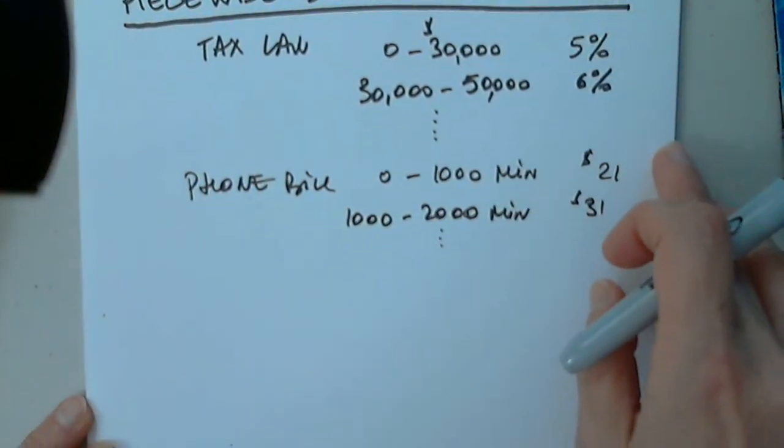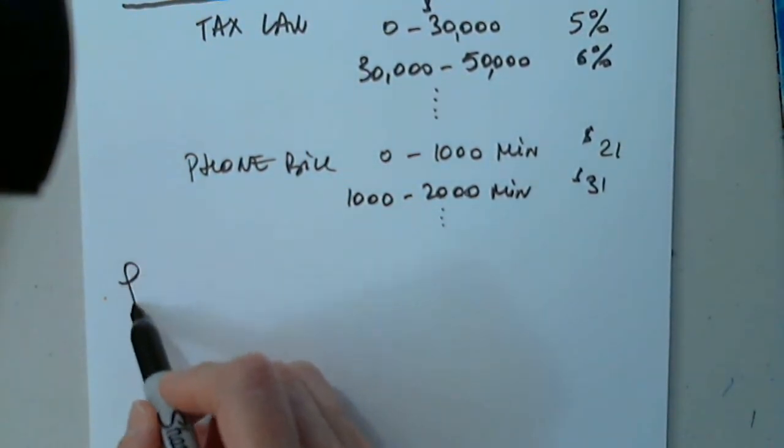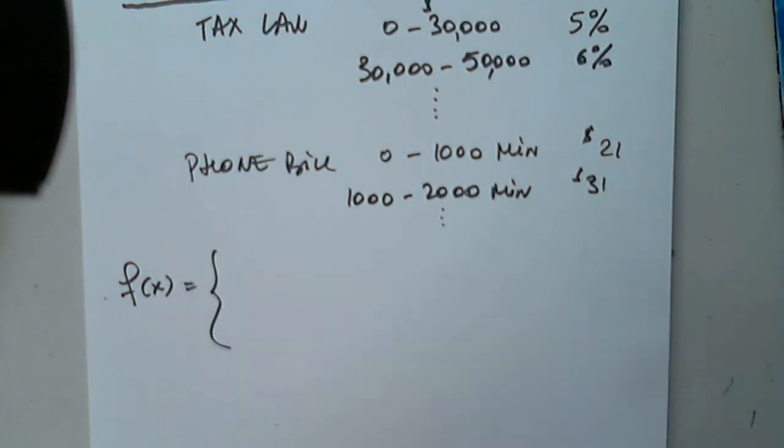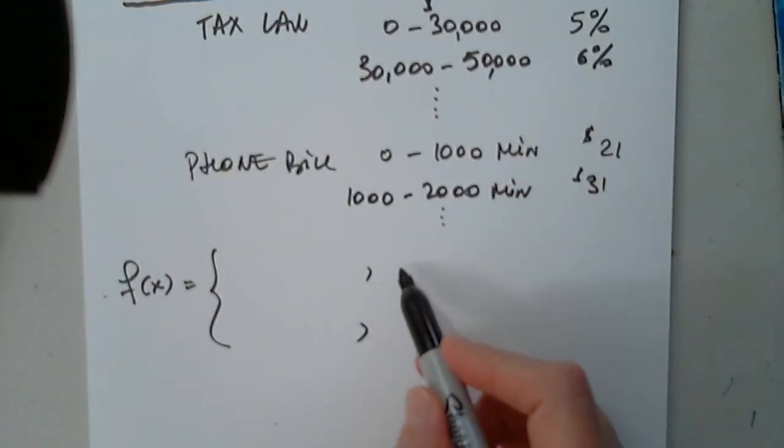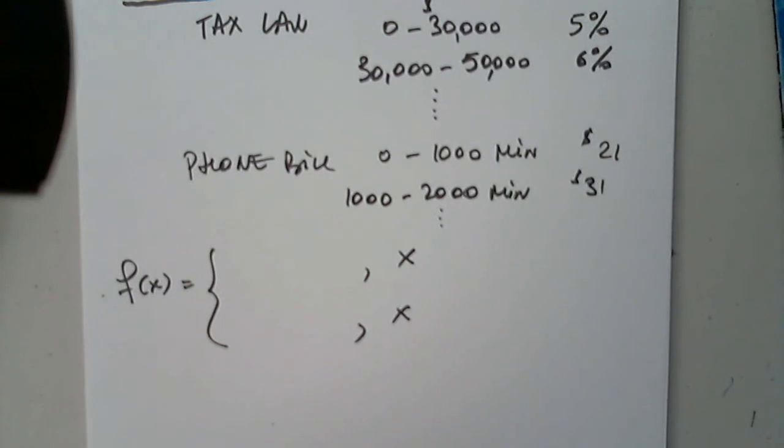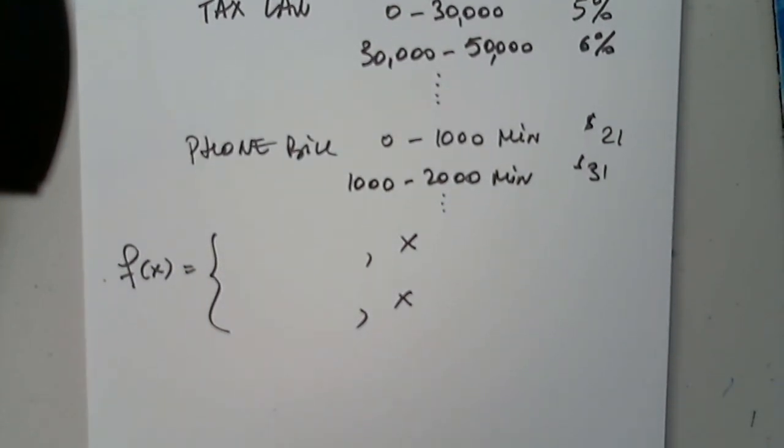So let's make one up, a simple one, with two branches or pieces. Can anyone give us two functions? Anyone? Any two functions? X squared minus 1.